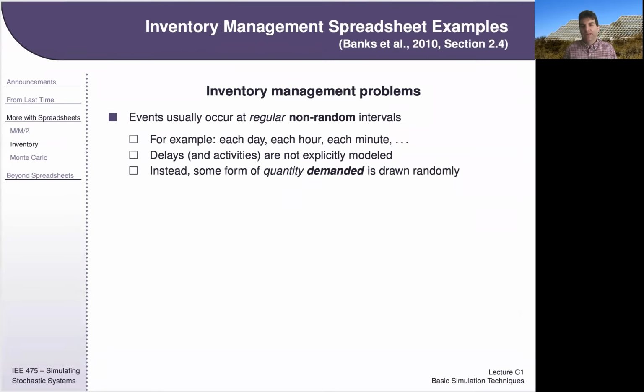Usually in inventory management problems, we don't have a time component to when events happen, but there is some other random component, which is often related to the quantity of things that happen at regular intervals. In the muffin baking simulation, we knew that muffin orders were going to arrive every day, every minute, whatever the time unit was, but we didn't know how many muffins would be ordered. That is an inventory management problem.